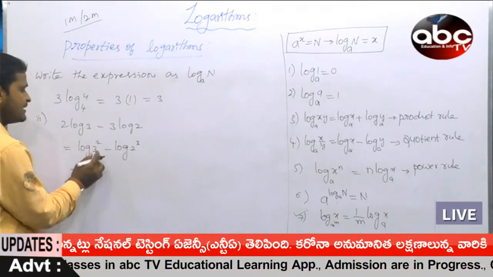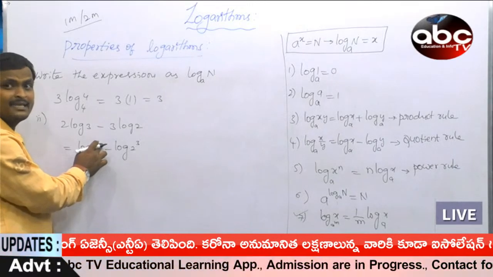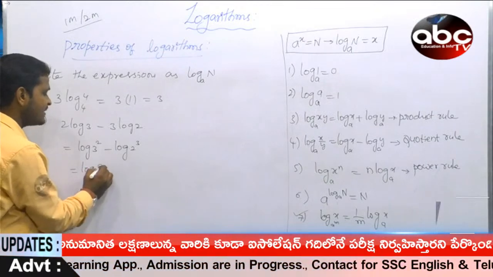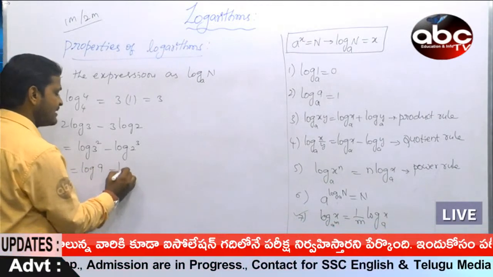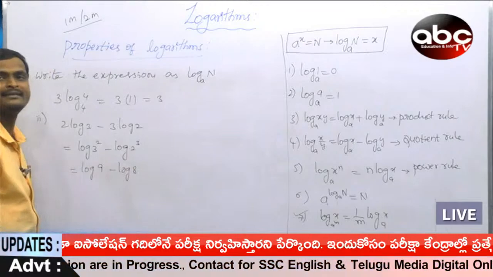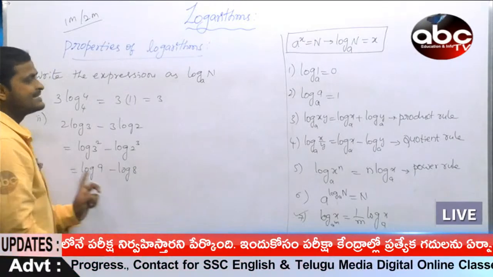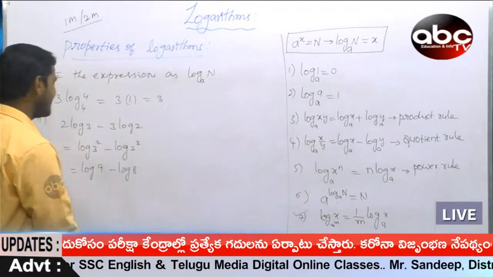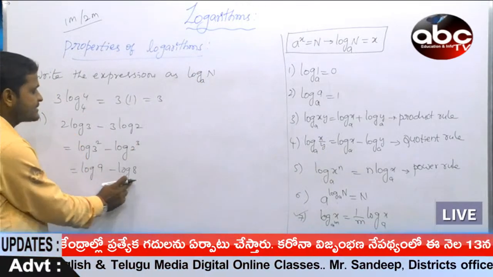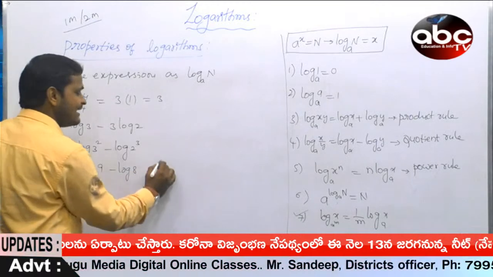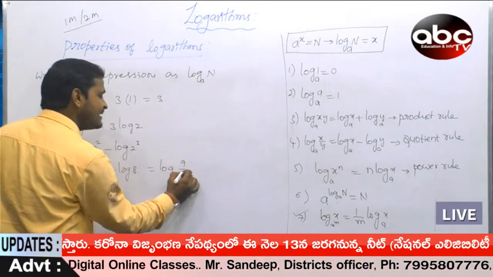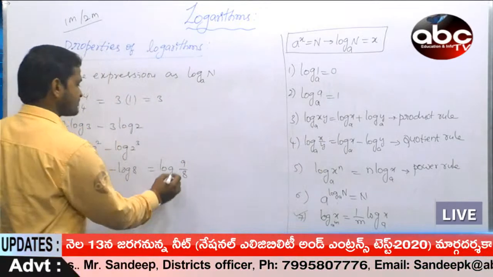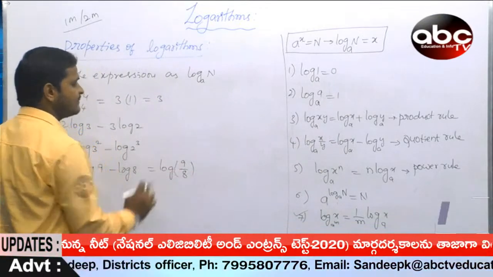Already you know, students, 3 power 2 means 3 square, 3 into 3, that is 9, log 9 minus log 2 cube, log 8. Then you can write, third, which is the quotient rule, log x by y. Observe here, log x minus log y, you can write log 9 by 8, that is x by y, right? Answer: log 9 by 8.